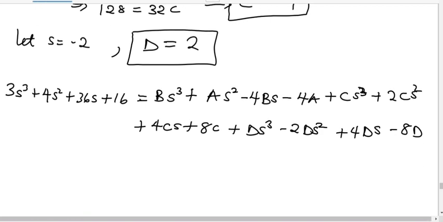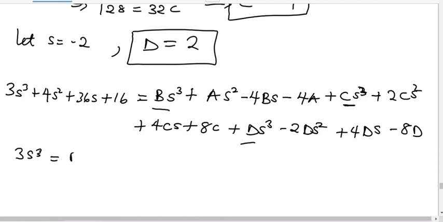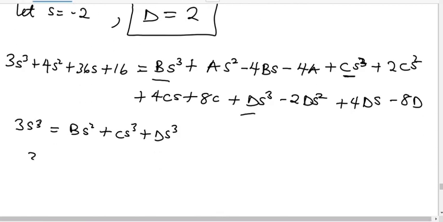If you look at this, you can see that we have this, and this having our s cubed. That simply means that 3s cubed should be equal to bs cubed plus cs cubed plus ds cubed, which implies that 3 is equal to b plus c plus d.